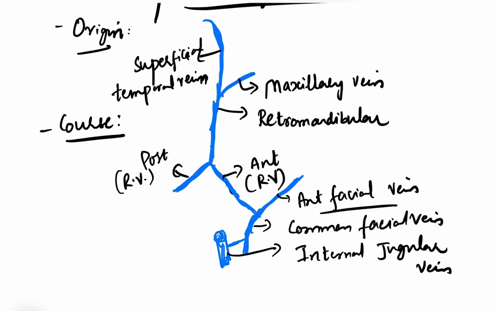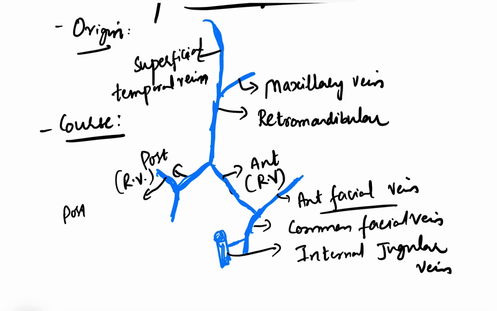And the posterior division of the retromandibular vein will unite with the posterior auricular vein to form the external jugular vein.